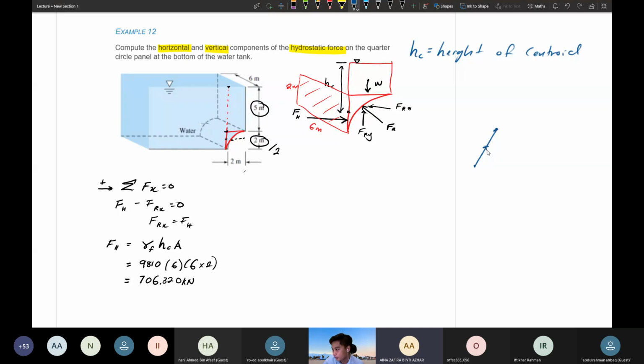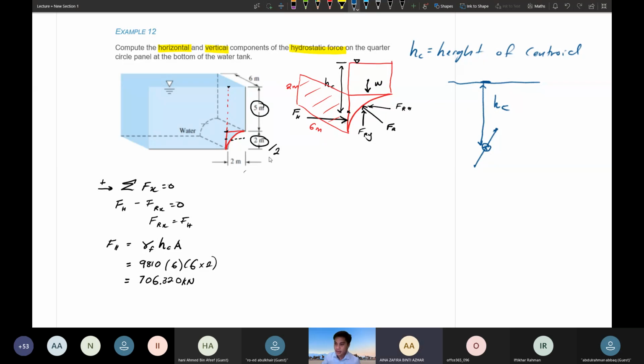We label this as the centroid. If this plane is submerged into the water, the height of the centroid starts from the free surface to the centroid. This is what we call HC. So far you understand?